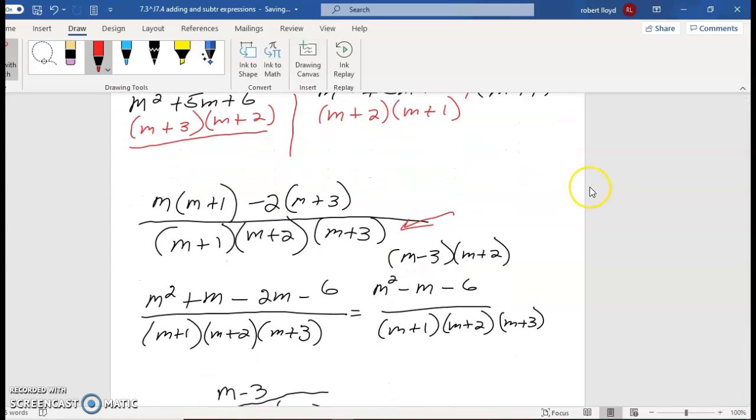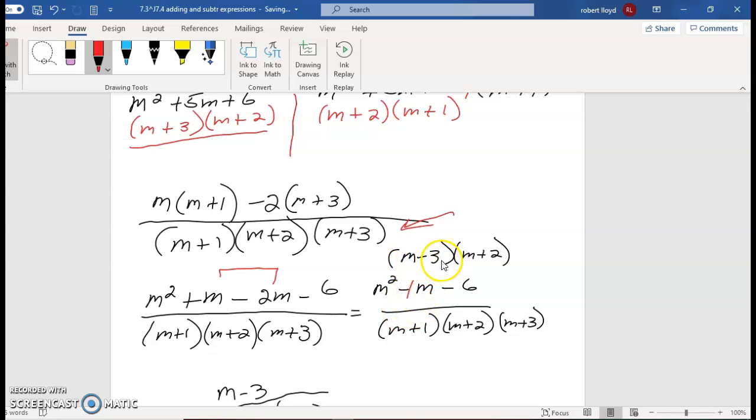So when we do the operations in the numerator, we get m times m, m squared, m times positive 1, m. Then we distribute the negative 2, negative 2m, and negative 6. These will combine, and we'll have m squared minus m minus 6. So that's two factors of negative 6. The difference is 1.